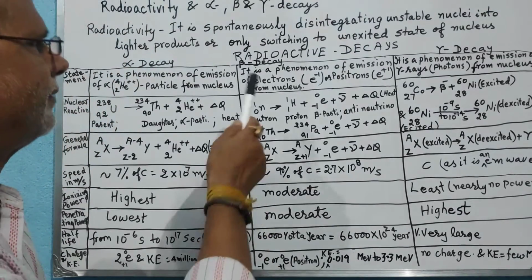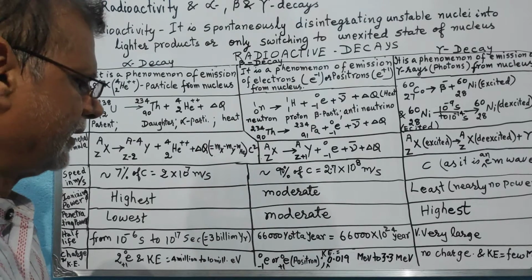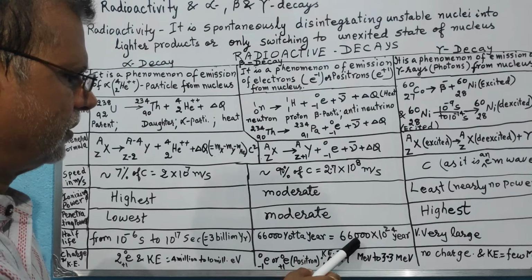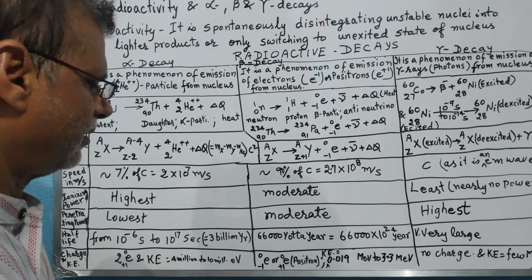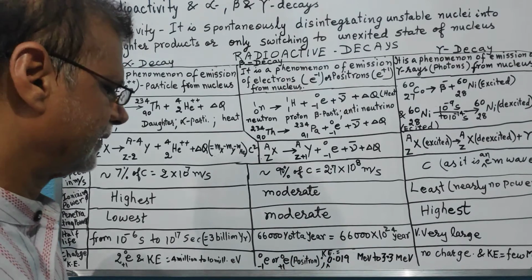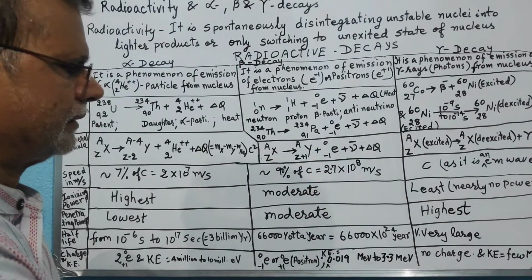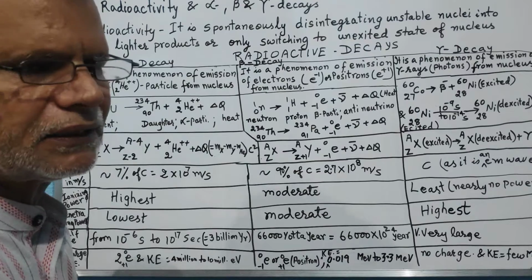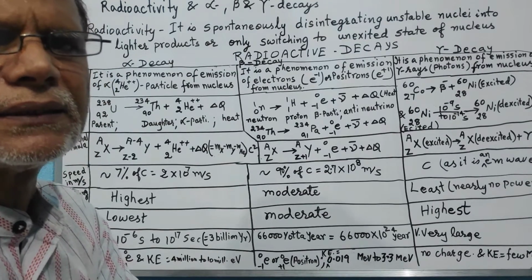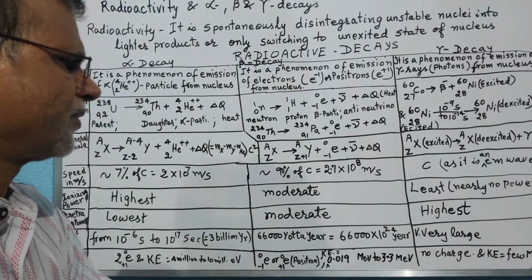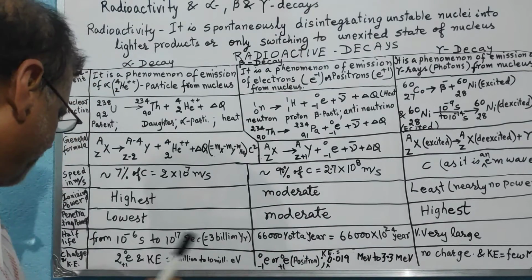And the half-life of beta particles, that is electrons, is very, very large, 66,000 into 10 to the power 24 years. And gamma rays have a life as electromagnetic waves have, so it is very, very large.